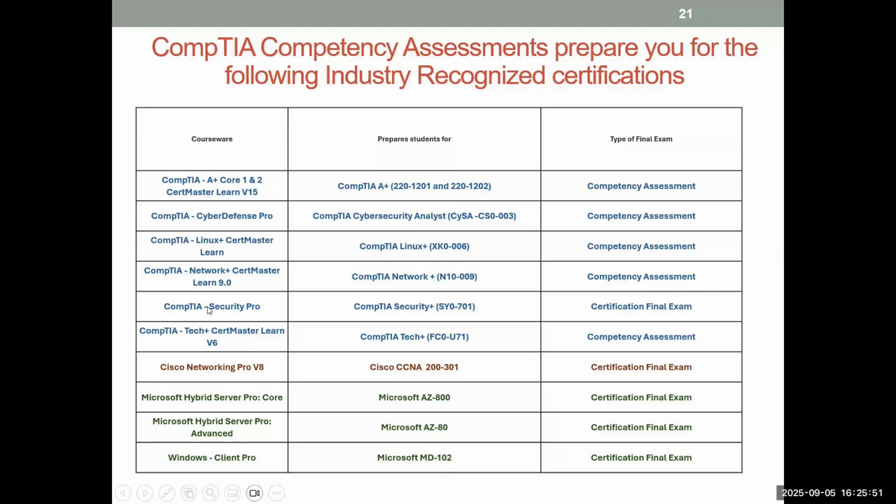If you're taking Security Pro, you're going to be prepared for the Security Plus exam. If you're taking networking, you're going to be prepared for the Cisco CCNA.